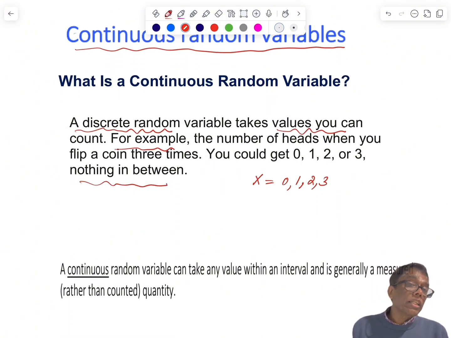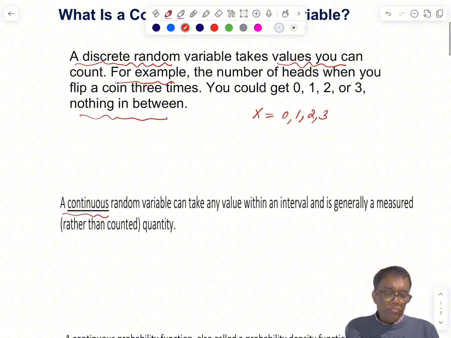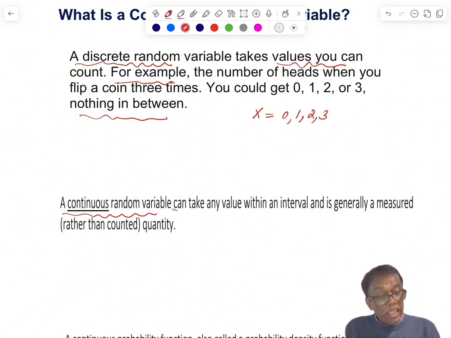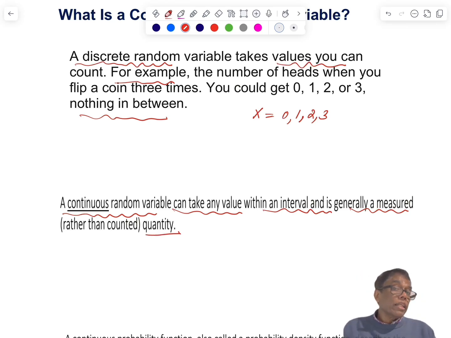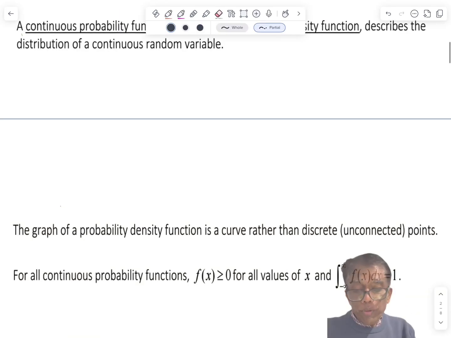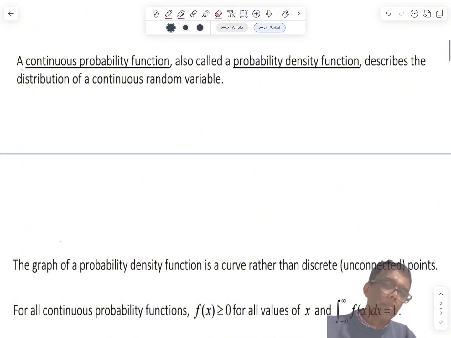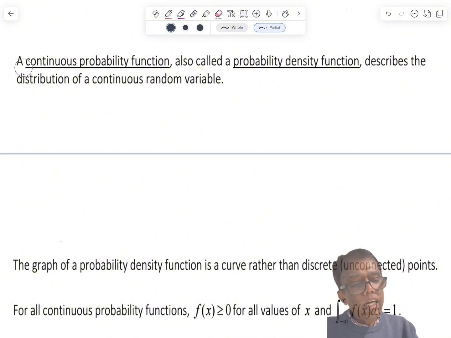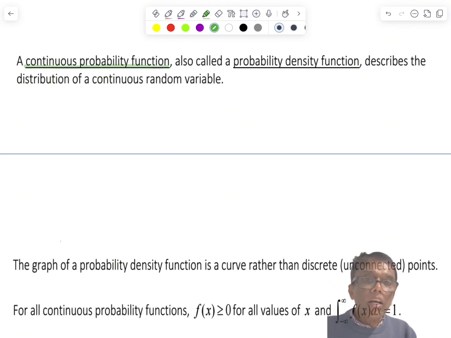We can't say 0.5 or 1.5. However, a continuous random variable can take any value within an interval, generally a measured quantity rather than a count. Actually, a continuous probability function, also called the probability density function, describes the distribution of a continuous random variable.